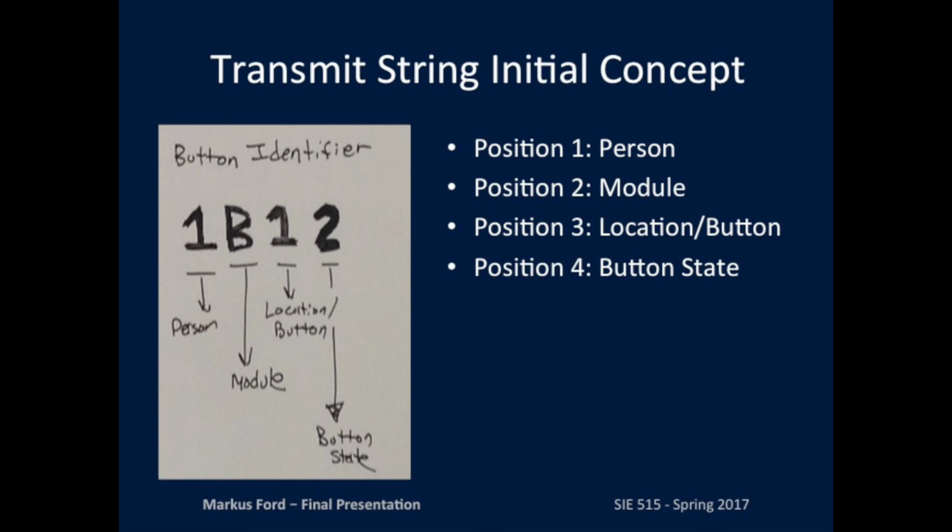The second one is the module, that's the individual device in a particular place. The third one is the location, which button is being illuminated: blue, red, green, yellow. And the fourth position is the button state. Is it off, is it flashing, or is it on?